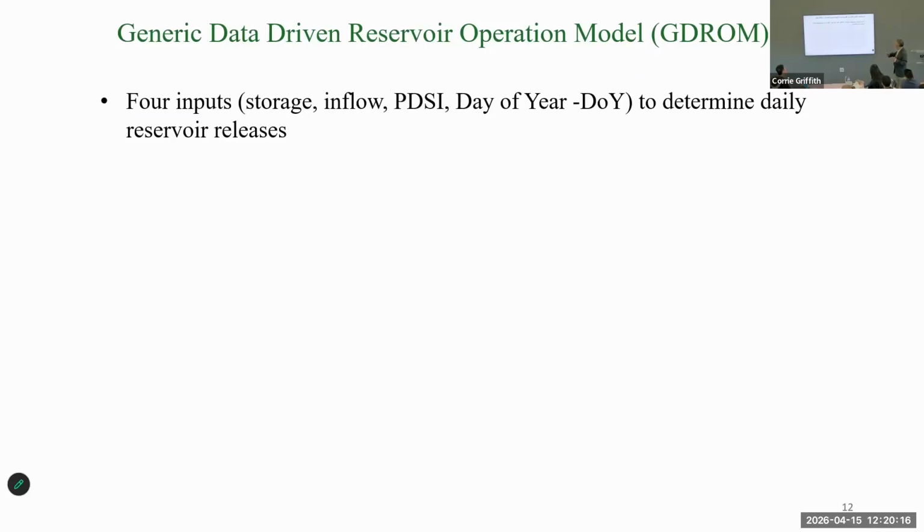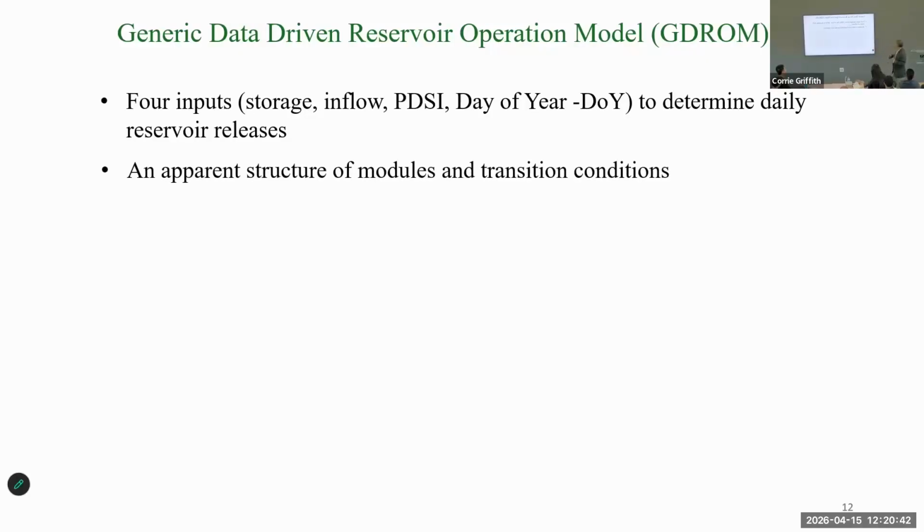Using those 4 inputs, we try to determine the daily reservoir release. None of these inputs is reservoir related. In other words, we don't ask for reservoir size or the function of the reservoir. So that reflects being generic.